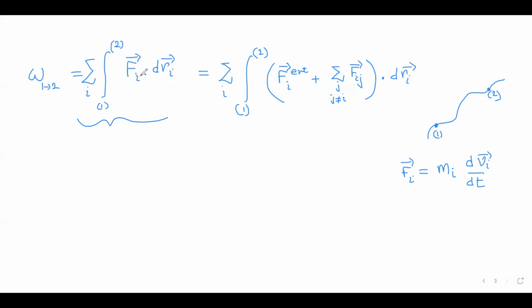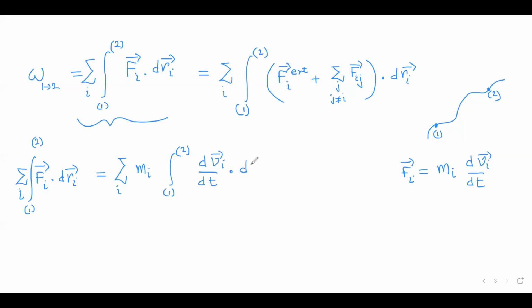So we can write, only concentrating on this term, the sum over i of the integration from point 1 to point 2 of Fi dot dri equals the sum over i of mi times the integration from point 1 to point 2 of dvi/dt dot dri.